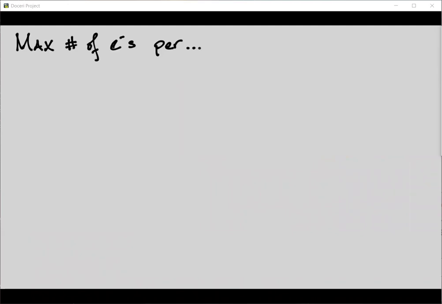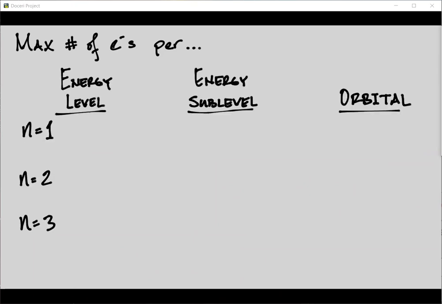All right, so you'll also encounter somewhere on the test one of the questions regarding this concept: calculating the maximum number of electrons per given orbital, sublevel, or energy level. So let's say, for example, for energy level 1, what is the maximum number of electrons that you can have in the first energy level?